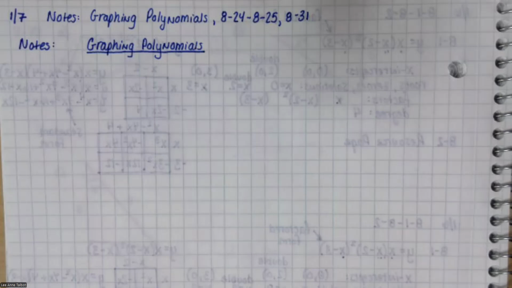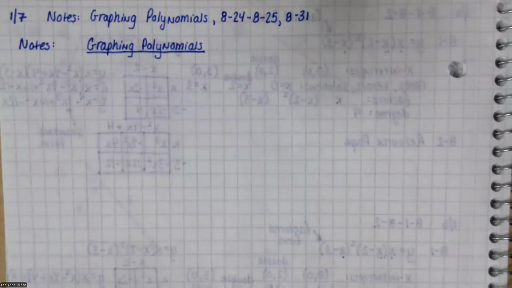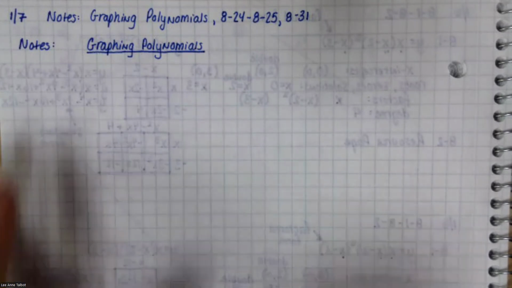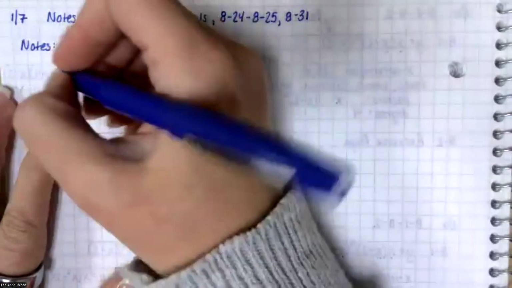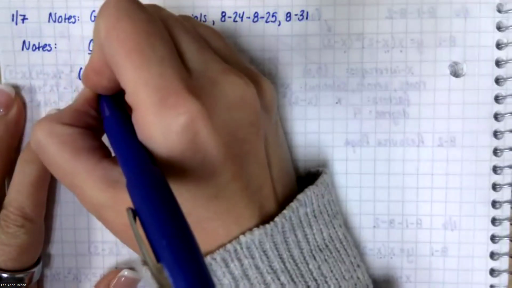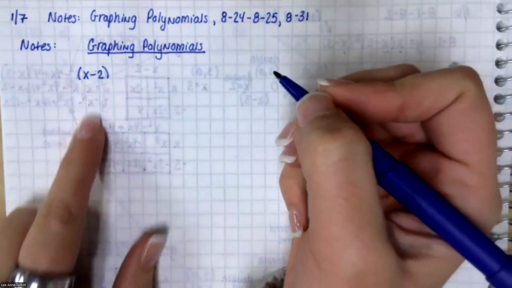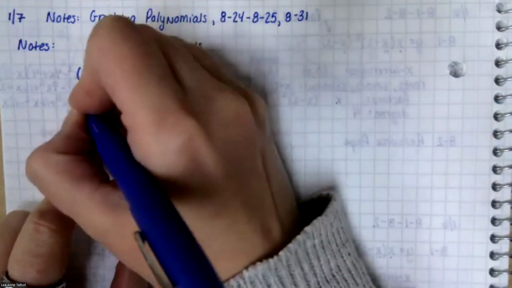Okay, so we're basically going to review what we did yesterday and then add the part about would you start up or down. Okay, notes, graphing polynomials. The first thing we learned was some vocab. So I'm going to start with an example. X minus 2 in parentheses, we call this a factor.